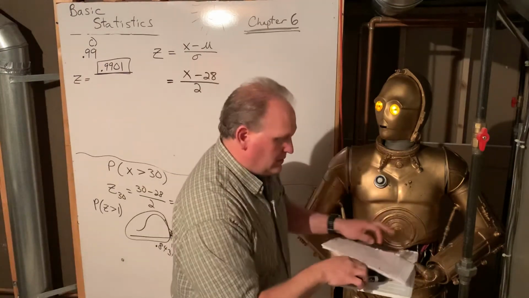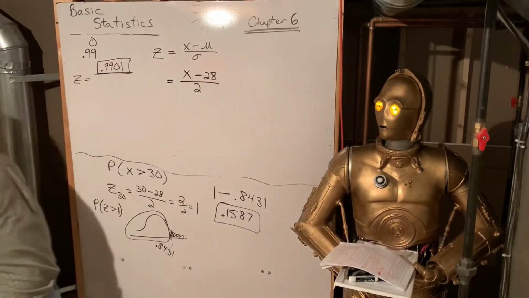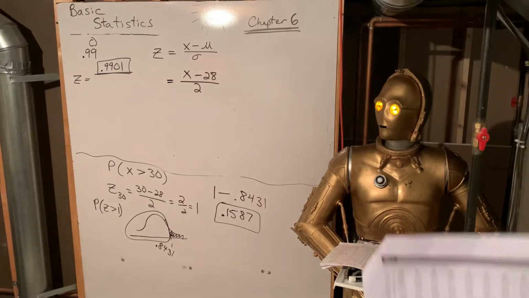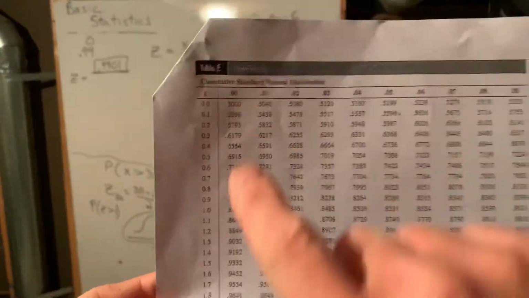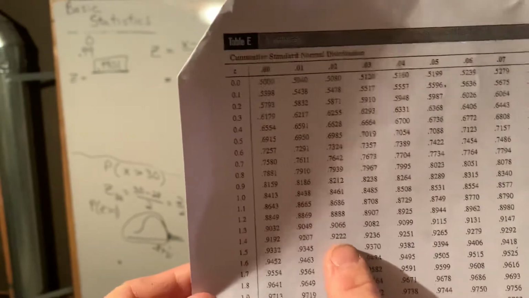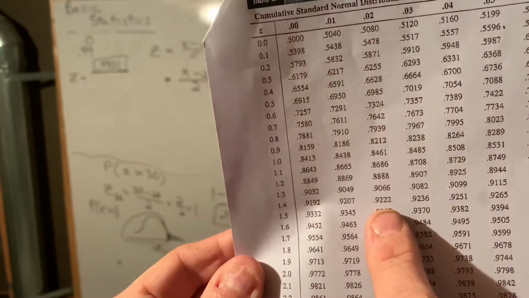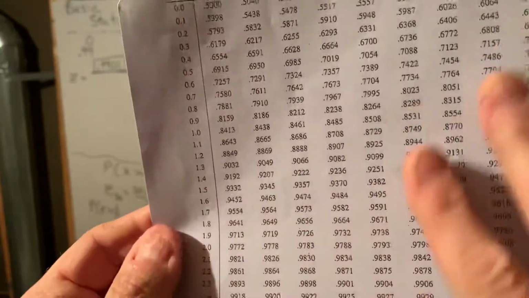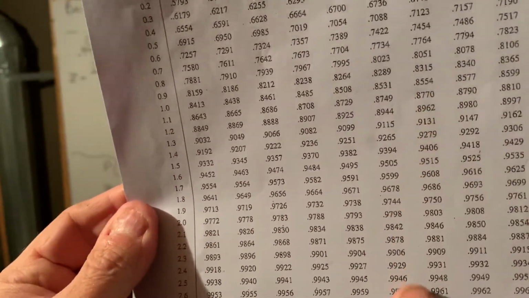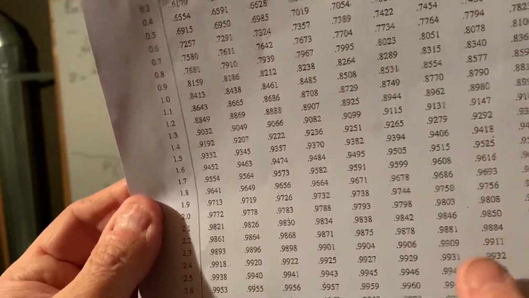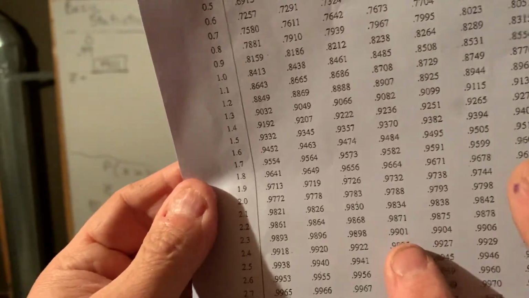So let me grab the chart and show you how to work it backwards. Normally on our chart, we look up something like 1.42, and that was 0.9222, right? But this time we're going to look in the body of the chart and find 0.9901 right there.